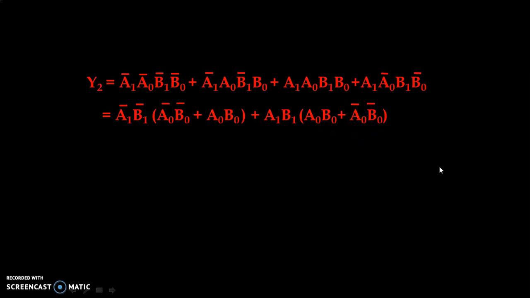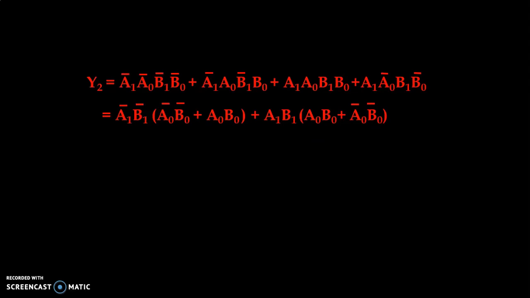If we do further simplification, we can see that a0 bar dot b0 bar plus a0 dot b0 indicates exclusive NOR gate between a0 and b0. In the same way here also it is exclusive NOR gate between a0 and b0.